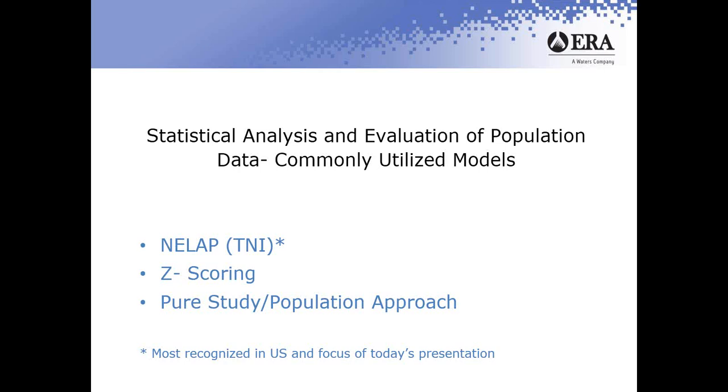You look at the study data, the study mean, the study standard deviation, and evaluation statistics are all derived purely on the study data. As I said earlier, the focus of this will be primarily on the T&I approach, which can be fixed limits. It can be based on a study mean and based on regression equations to determine what evaluation and acceptance criteria are going to be applied.